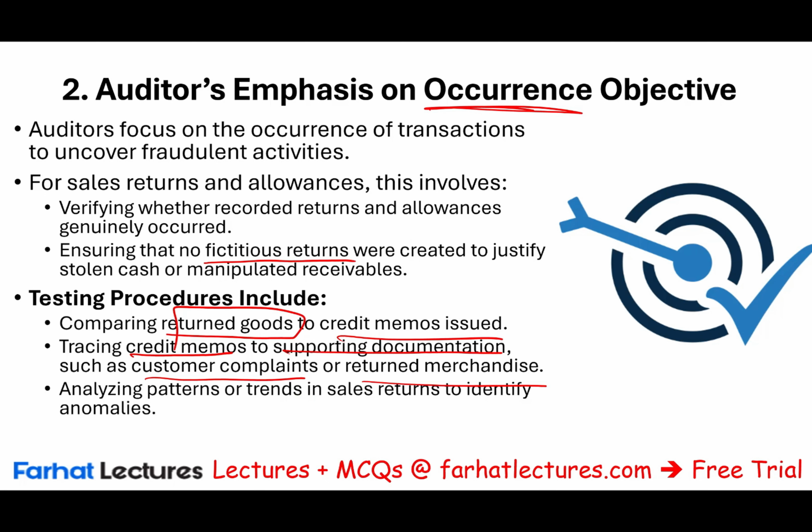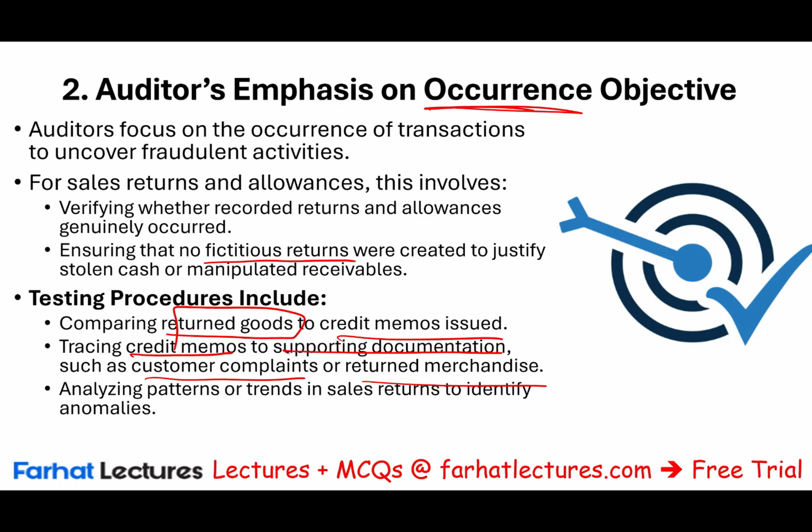What do I mean by patterns? Looking for anomalies, seeing if a particular item is returned all the time, or the returns are happening during a certain shift where one person or one manager is working. So you want to look at these patterns. For example, you have 3 managers in the store. On average, 2 managers have 3,000 worth of returns per month, and one manager, 10,000.